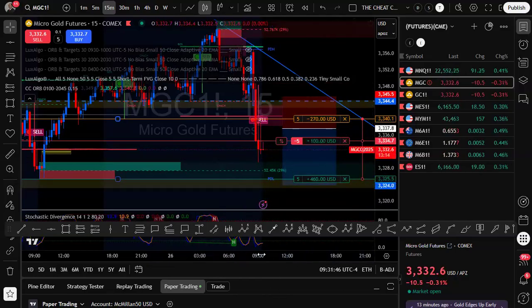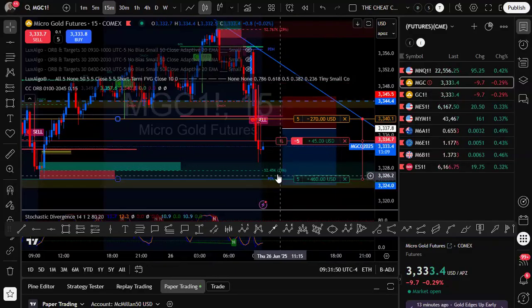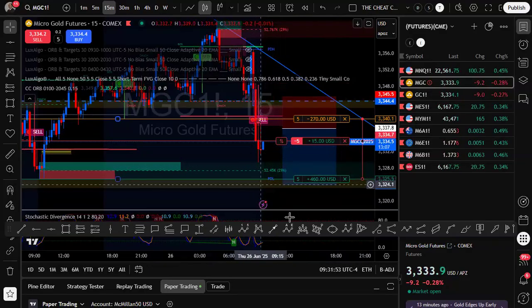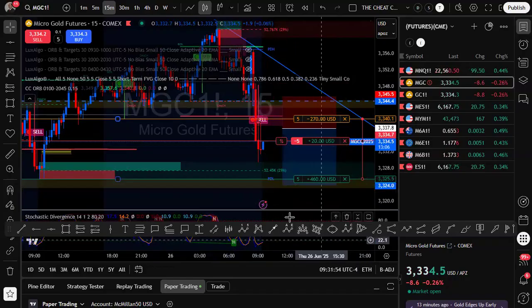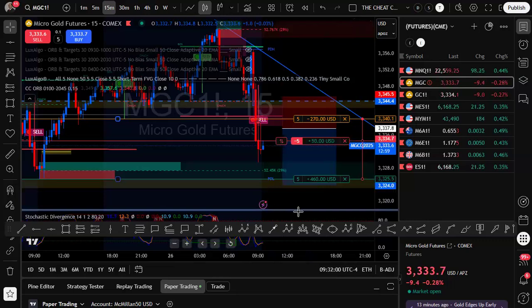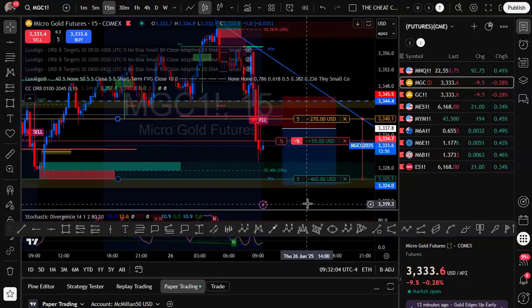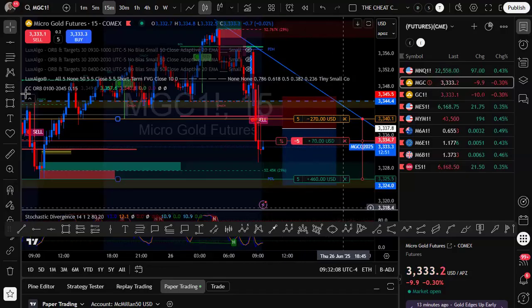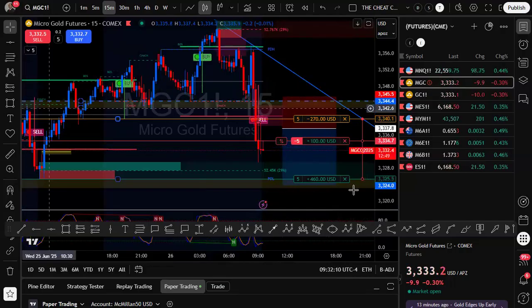If the price starts going the other way, then that means they got what they wanted. But if they keep on going down, then they want to get this here. Move all this out of the way.